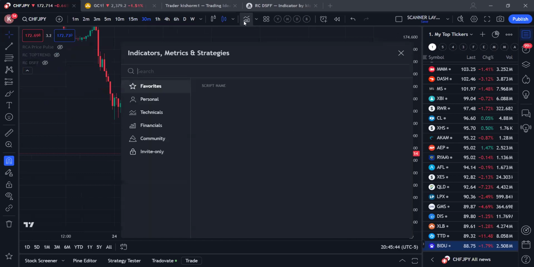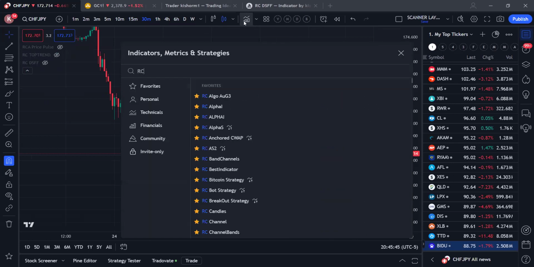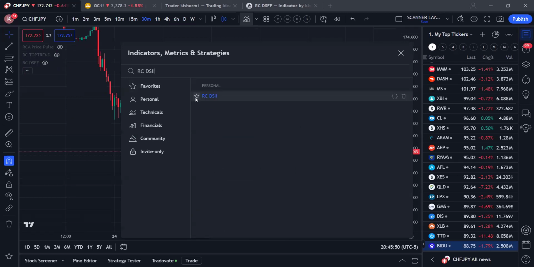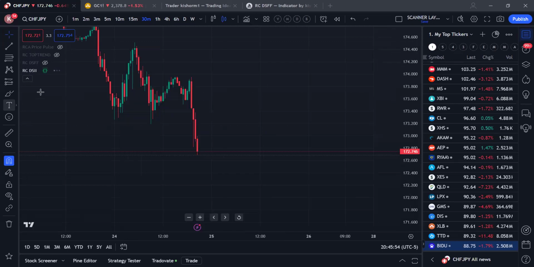In the same way, right, if you are a trader in India, if you take options or stocks in India, then you can do the same thing.